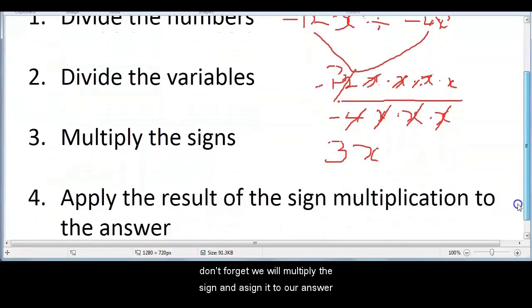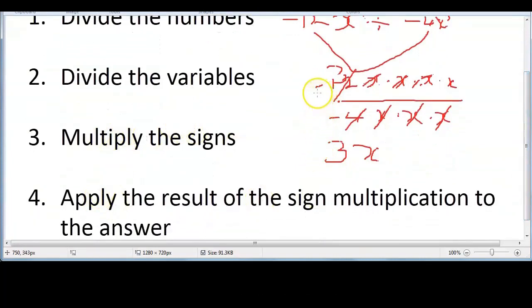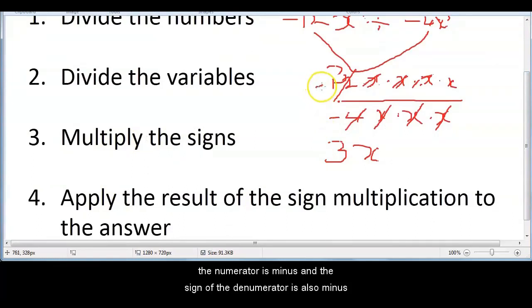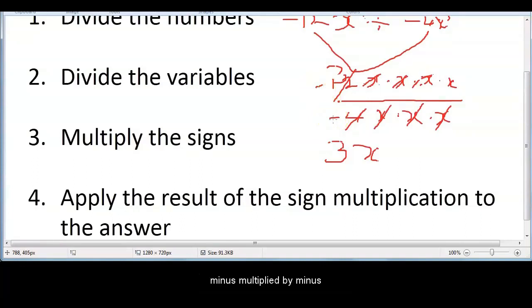Don't forget, we multiply the signs and assign it to our answer. Fortunately for us, we don't need to go into that because the sign of the numerator is minus and the sign of the denominator is also minus. Minus multiplied by minus gives us a positive sign. So our answer will still remain intact as 3x. Thank you for listening.